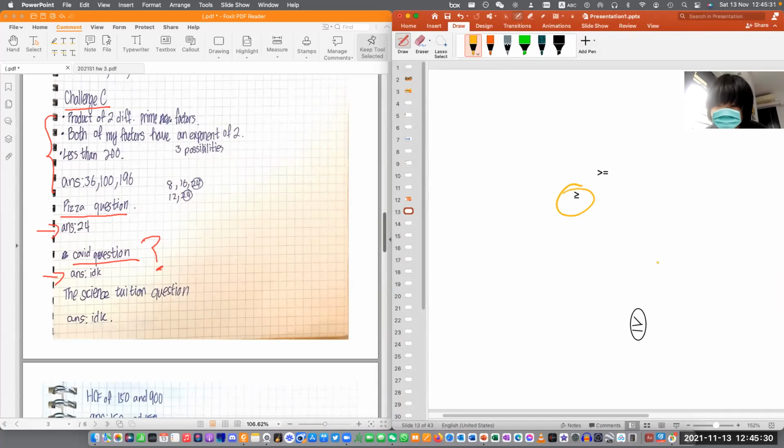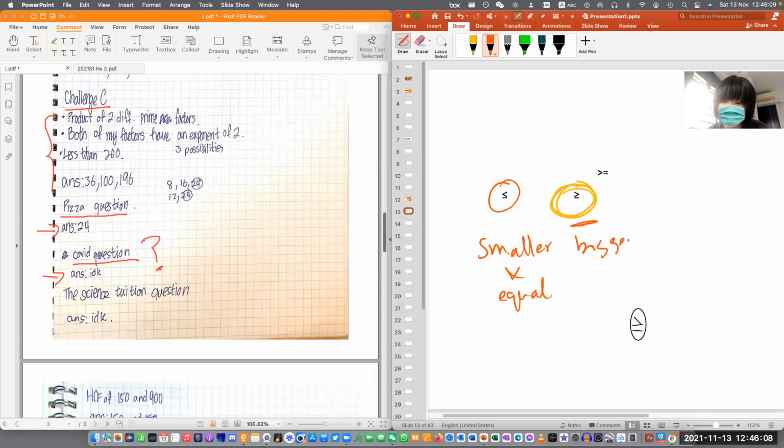Emoji. Oh, okay. Which key do you press to have this? Wait, let me see. I think I also can key in the smaller and equal. Oh yeah, I also can get this using my computer. So this is smaller and equal. This is bigger and equal.